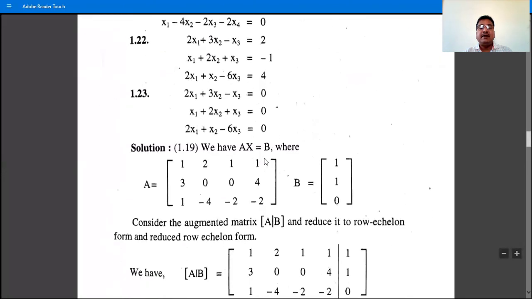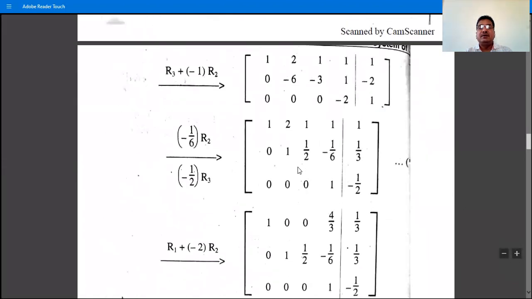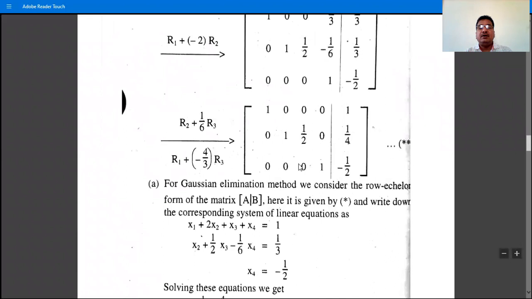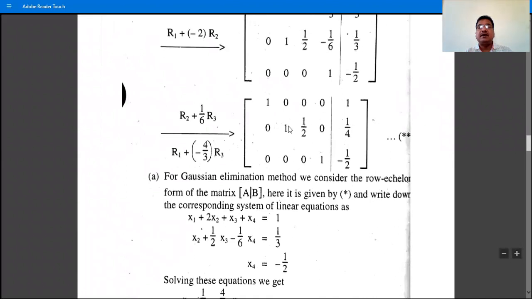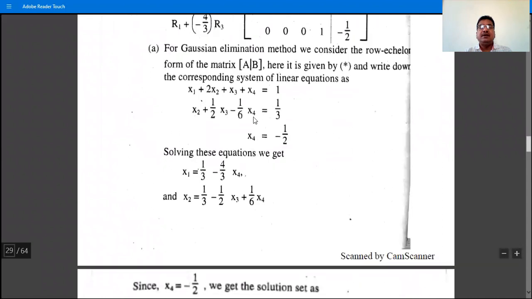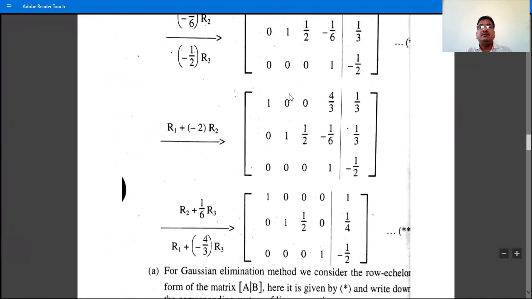Consider the augmented matrix AB and reduce the matrix to echelon form or reduced row echelon form. So this is the reduced row echelon form, and this is the echelon form. So rewrite the equations after reducing the matrix to echelon form.